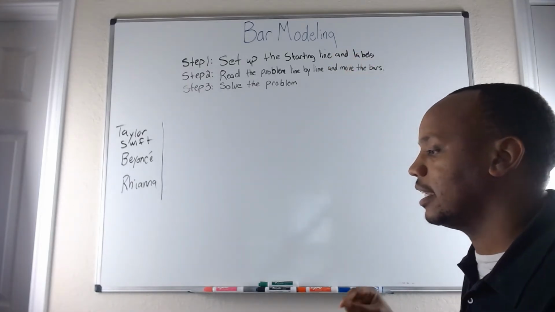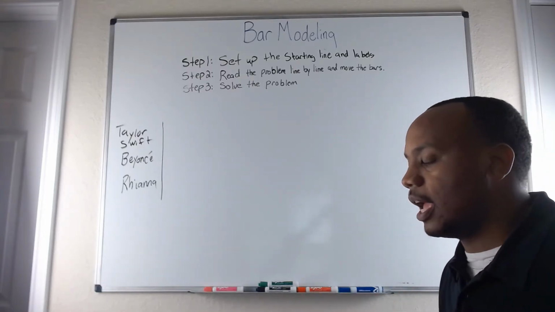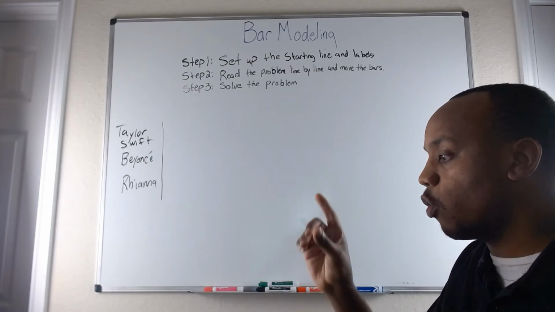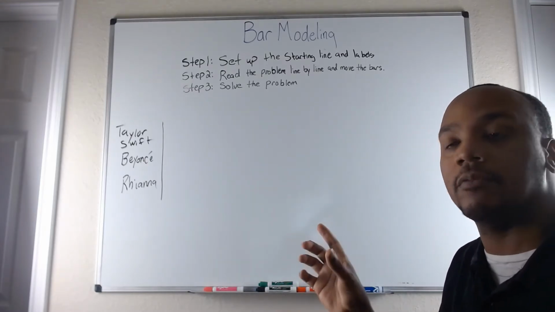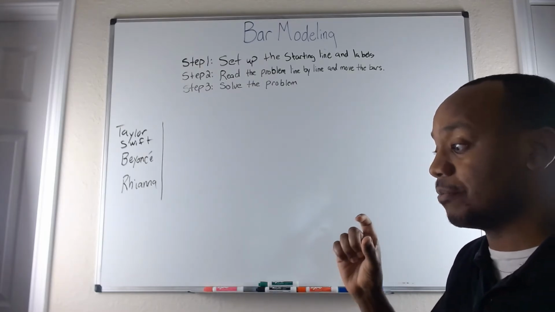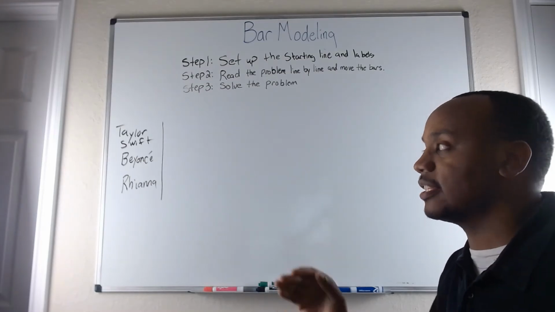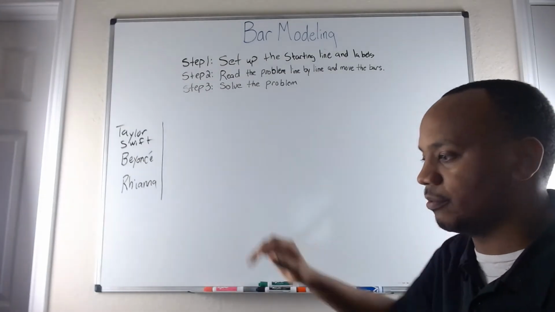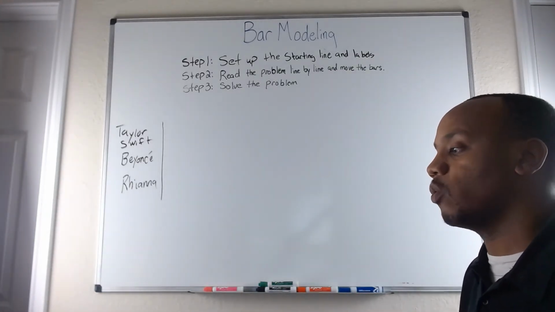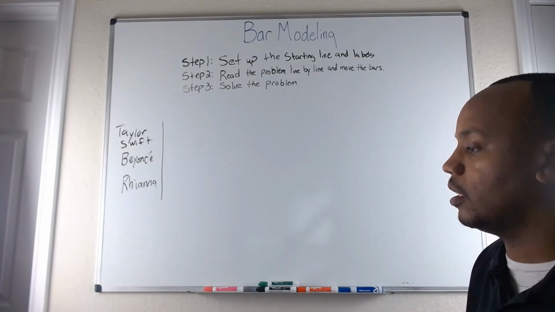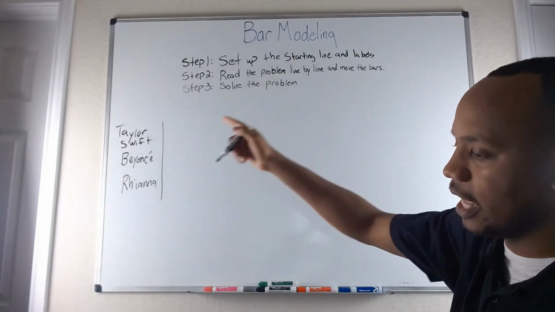And Rihanna's ticket price has a certain relationship to Beyonce's. So if your problem has movement of ticket prices or coins or dollars or a number of beads or whatever the subject of that problem is, if there is a person who has an amount of whatever you're talking about and is related to answering the problem, they need a label. So these three people had labels. The first step is done. Step one, I set up the starting line for the bars and the labels.